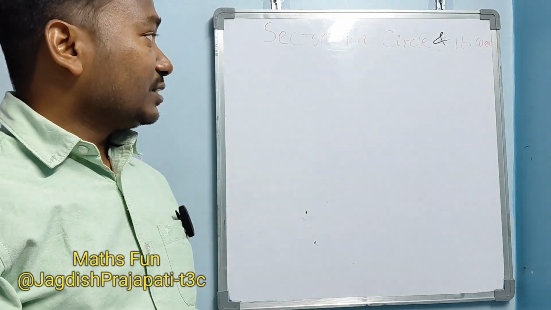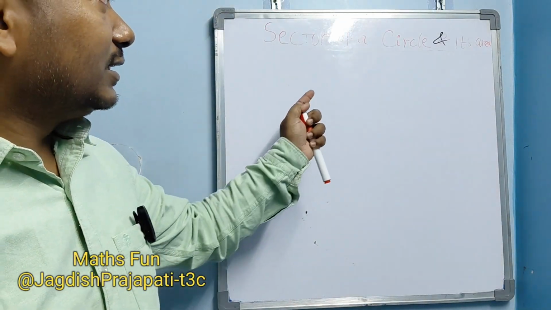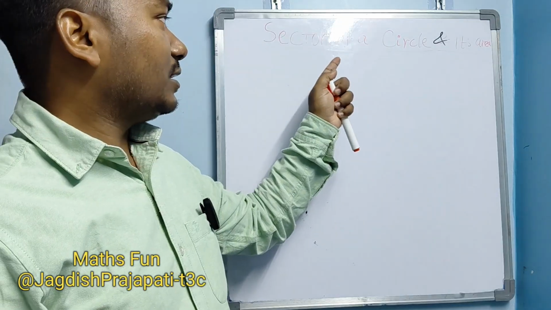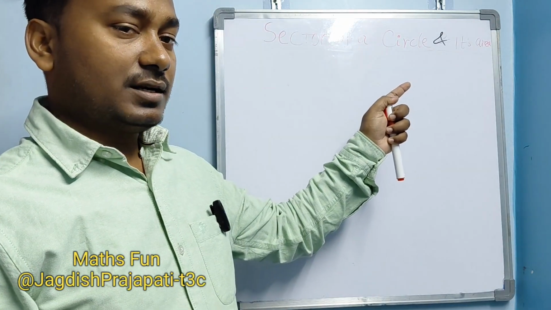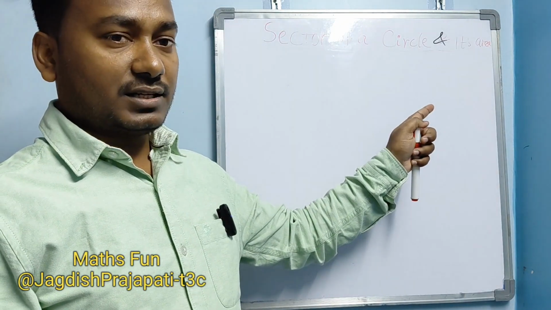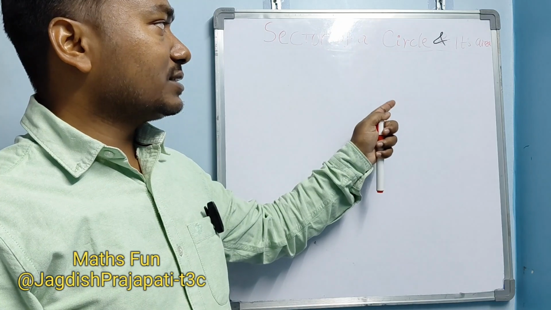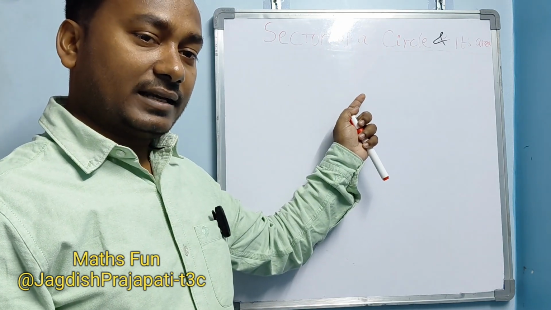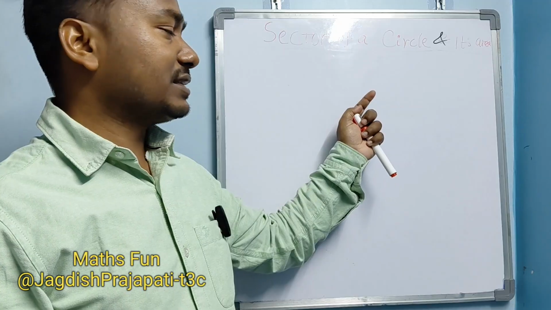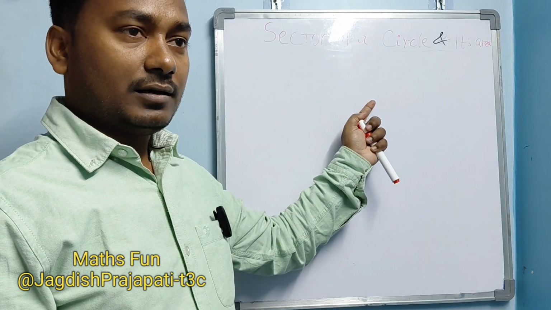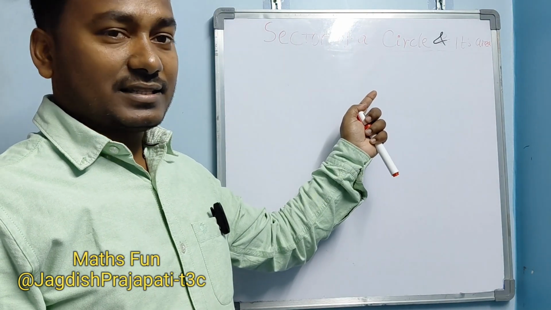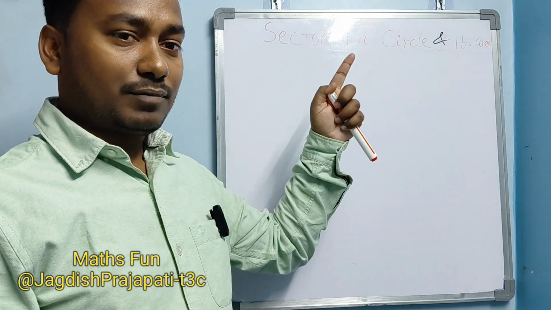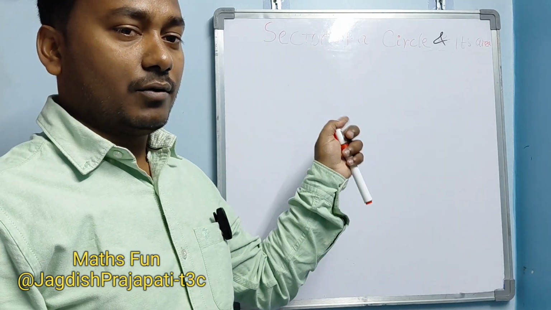So before we start any problem, let us know what a sector is, how it is related to a circle, and what the formula is for its arc length, or whatever you can say perimeter. We can't say circumference, because circumference is the perimeter of the whole circle.